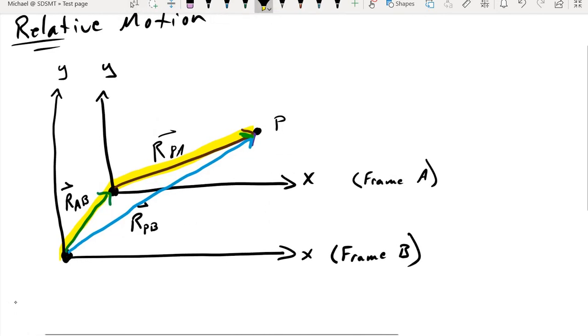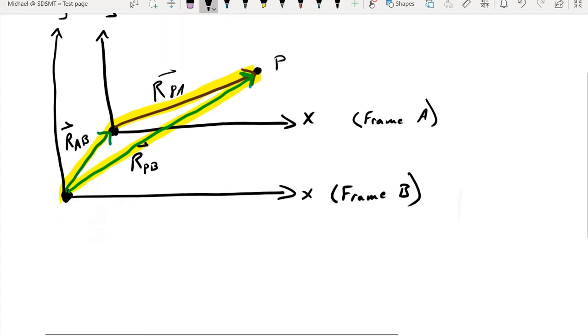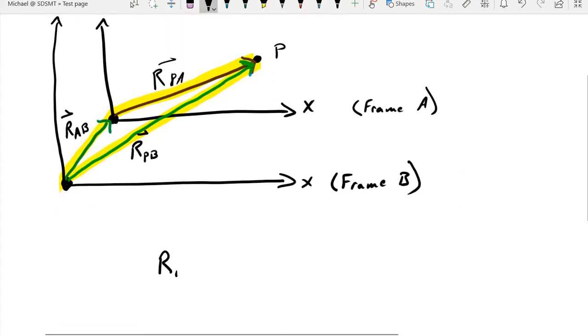The result of adding those two vectors together is the vector RPB. And we can now write that out as a vector addition problem, because now we can see that by adding together these two vectors, we will get from the same start point to the same end point, regardless of which path we take. So we'll back this up, clean this up a little bit.